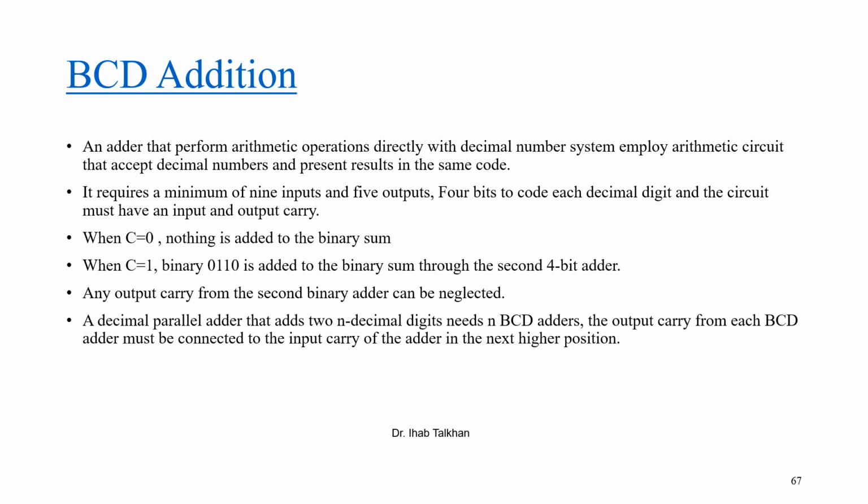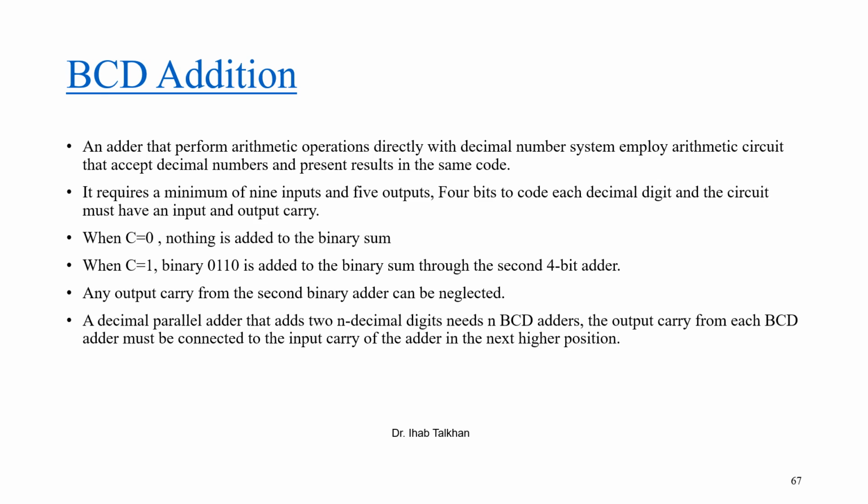So actually the procedure of BCD addition is: whenever the number is less than or equal to 9, you add nothing to it, and when the number is greater than 9 and less than 15, you add 6, because you have 6 undefined states. As long as you have 4 bits here, you have 16 combinations, and you are using only 10 out of 16, so 0 up to 9 are your defined values, while 10 up to 15 are undefined values.